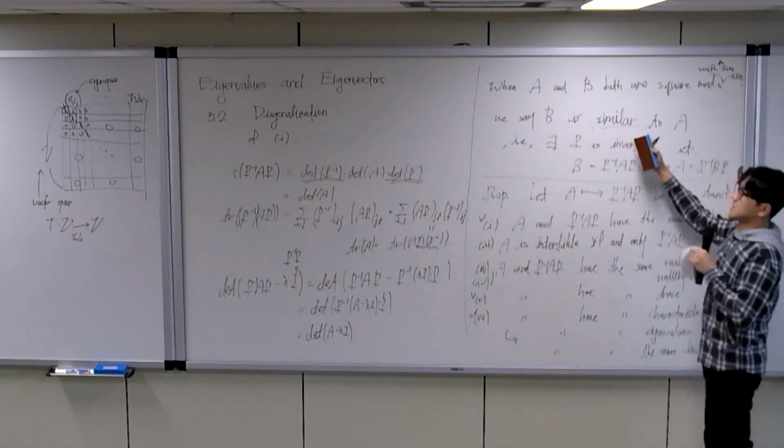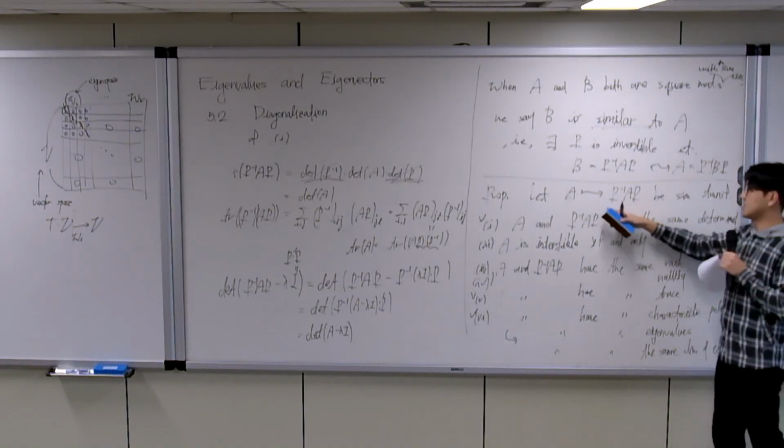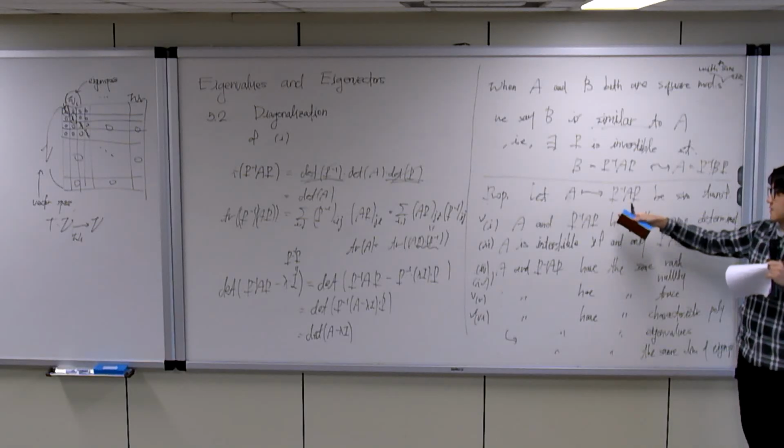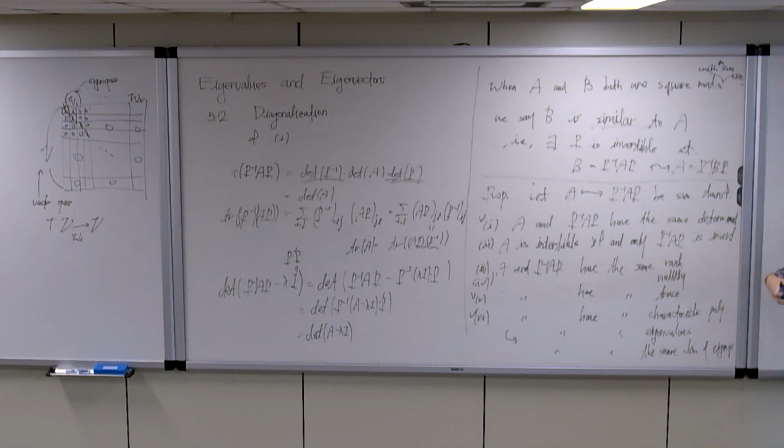But usually we aim for special matrices like a diagonalized matrix or some other symmetric matrix.